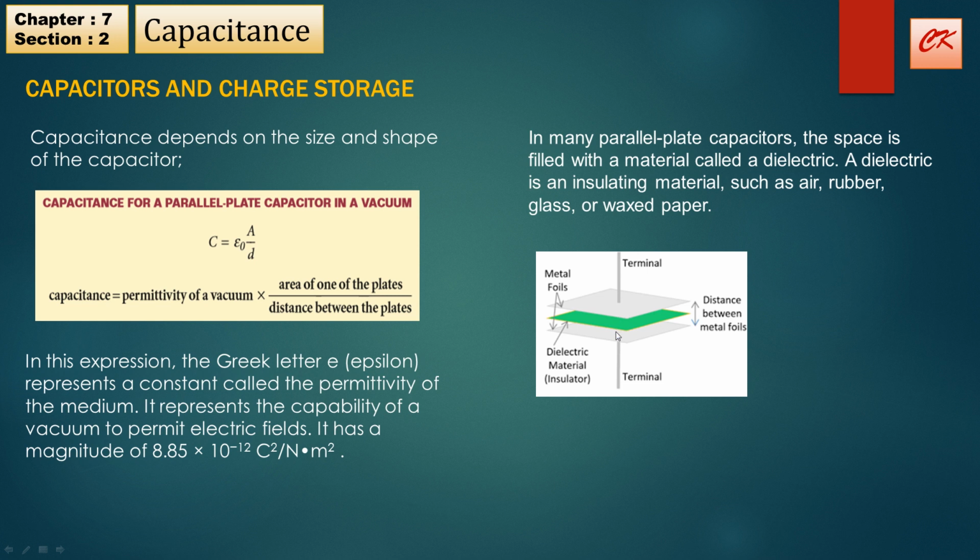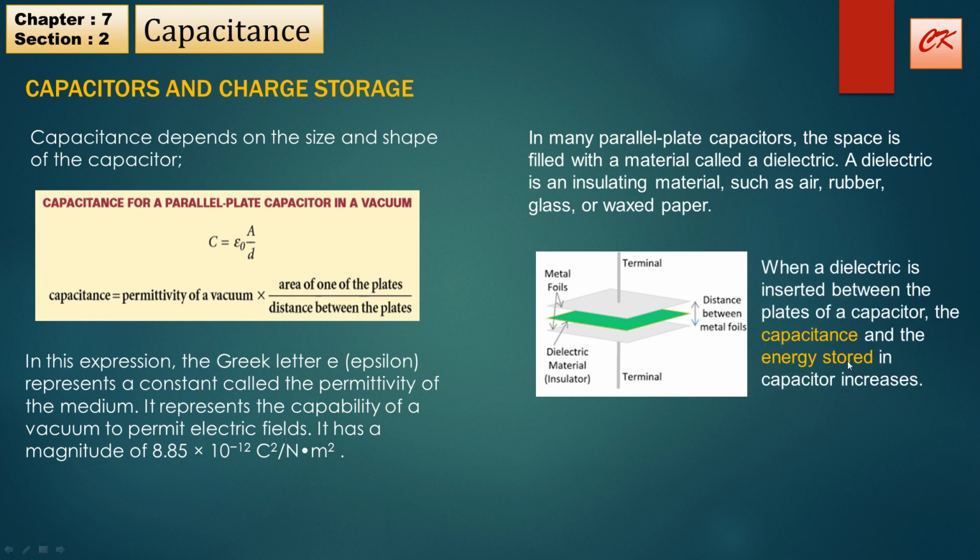Here we can put paper, rubber, glass, or waxed paper, all possible. In many parallel plate capacitors, the space is filled with a material that is called dielectric. Dielectric materials are insulating materials that do not allow electrons to pass.